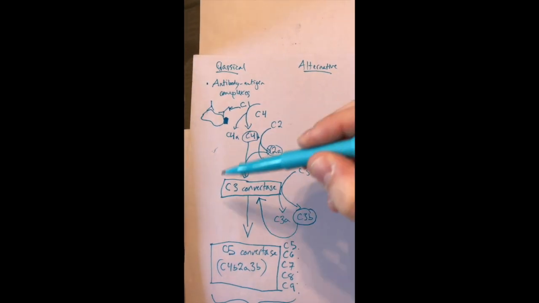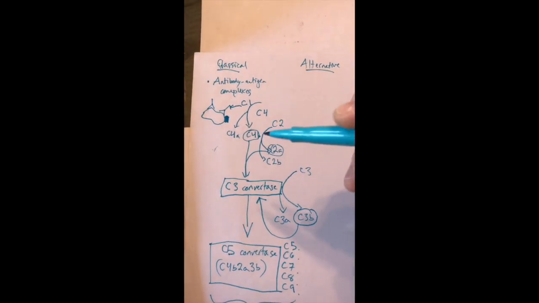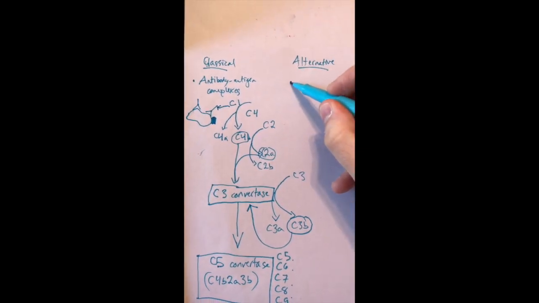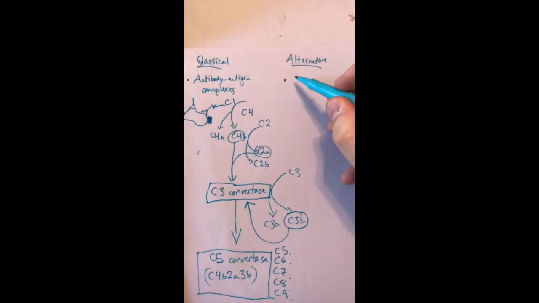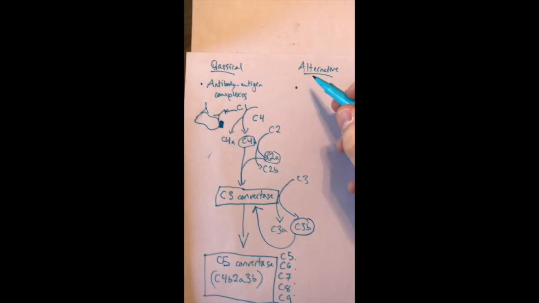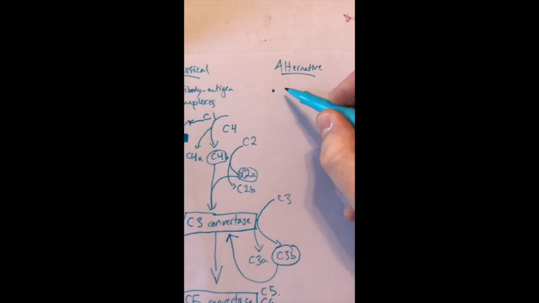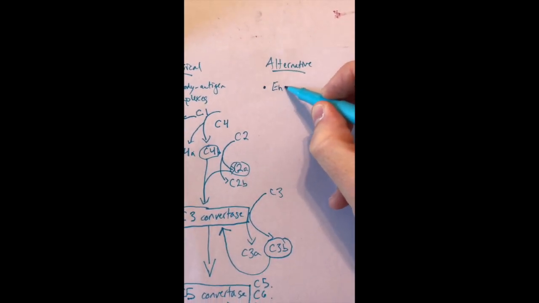The alternative pathway, it will follow a really similar cascade style. The only difference is how the cascade begins. So in the alternative pathway, the main or the only initiation signal is going to be the presence of endotoxin.